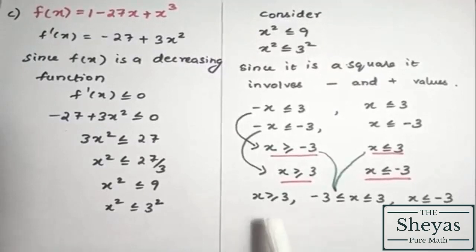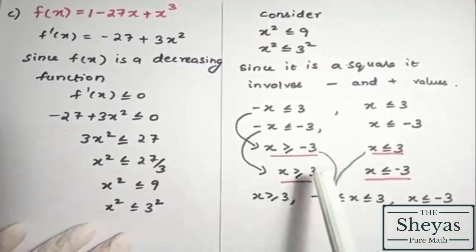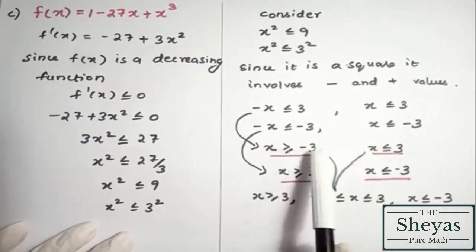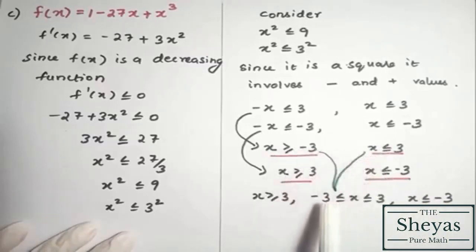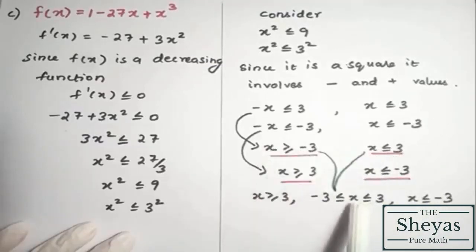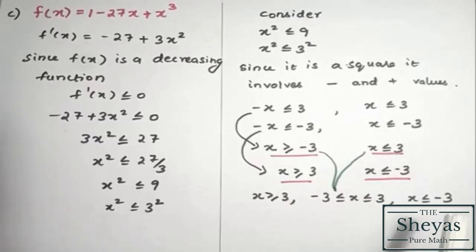So here, in the next step, x greater than or equal to 3, I am writing this region as such, and x less than or equal to minus 3, I am writing this region as such. But these two regions, I am linking together: minus 3 less than or equal to x less than or equal to 3. So now we have considered three regions.